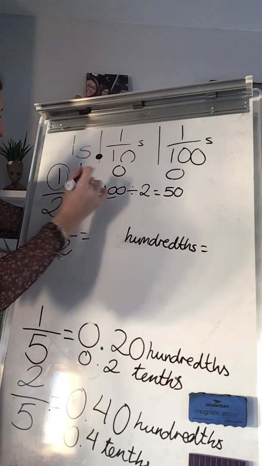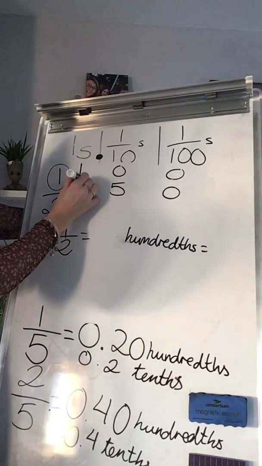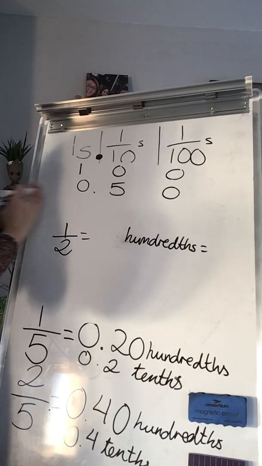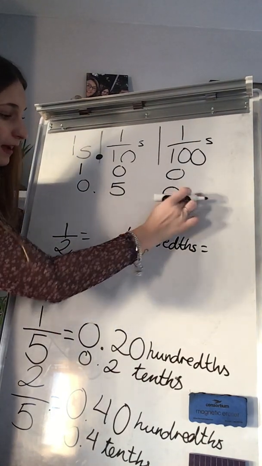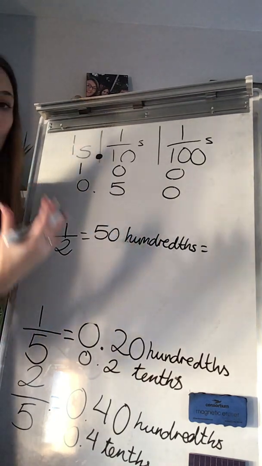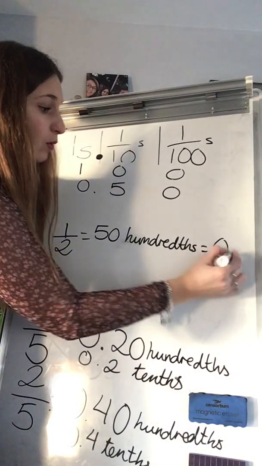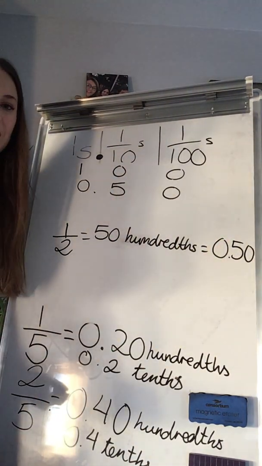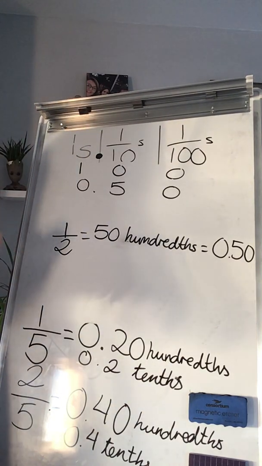So I get 50 here, and that means then that I have what? 0.50 hundredths, so I have 50 hundredths, which is the same as what decimal number? 0.50. Okay? A little bit more clear now? Yeah? So that is going to be your work.